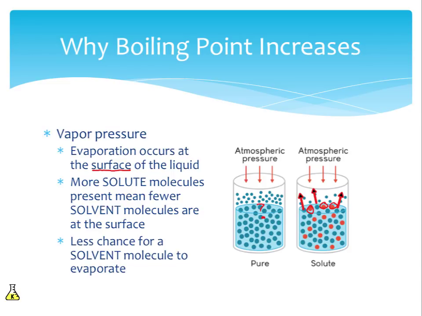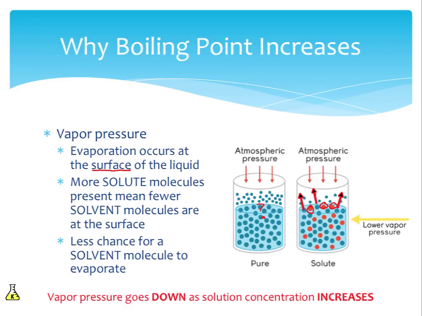The end result is because there are fewer solvent molecules at the surface, there is less of a chance for our solvent molecules to evaporate. The result of this is that we can say vapor pressure goes down as solution concentration increases. We expect a lower vapor pressure at higher concentrations because there are fewer and fewer opportunities for our solvent molecules to reach the surface.